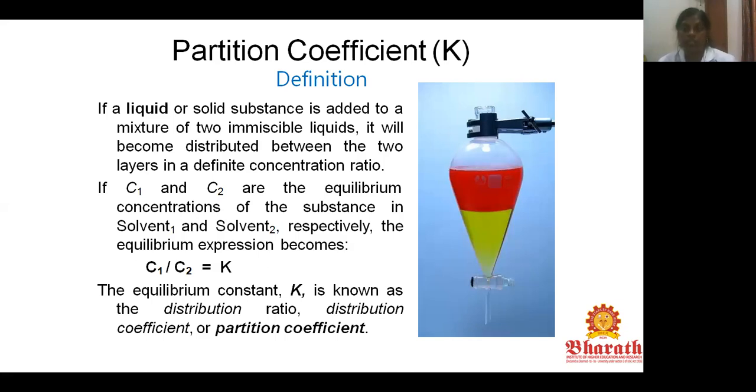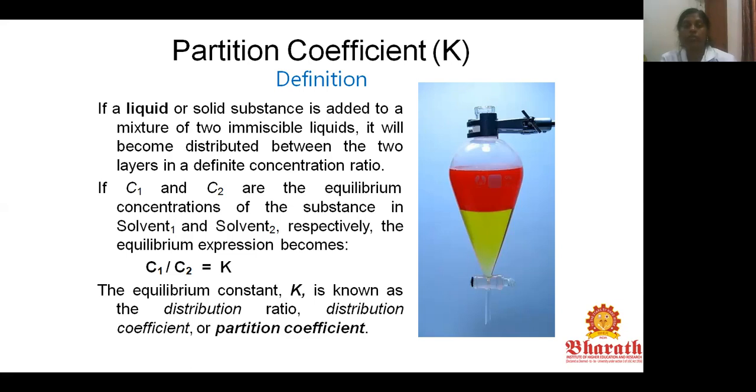If C1 and C2 are the equilibrium concentrations of the substance in solvent 1 and solvent 2, the equilibrium expression becomes C1 by C2 equals K. K is the equilibrium constant, which is known as the distribution ratio, distribution coefficient, or the partition coefficient.